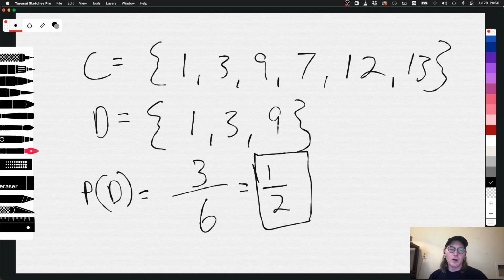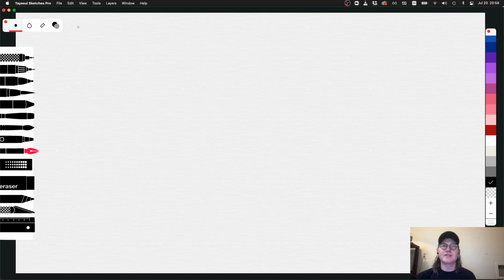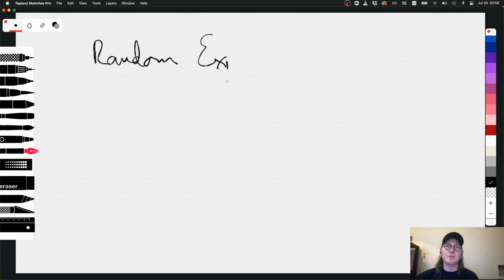We're going to think about sets in regards to a concept called an experiment, which is a word I think all of us know very well. I'm going to call this a random experiment. A random experiment is a thing that we do where we don't know what the outcome is going to be, simply enough.